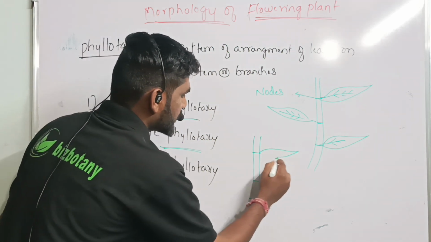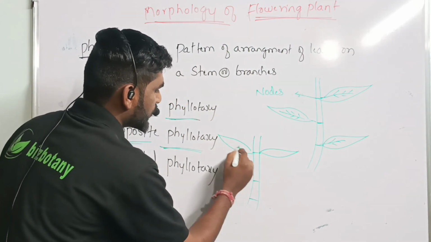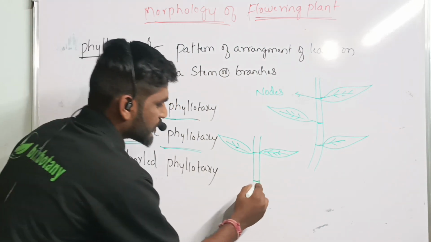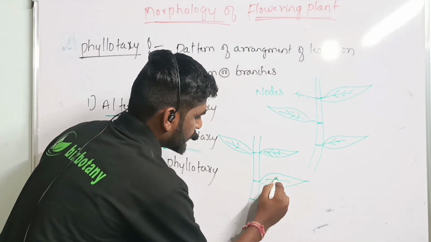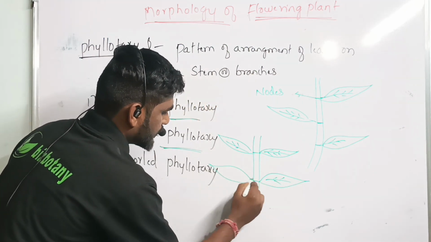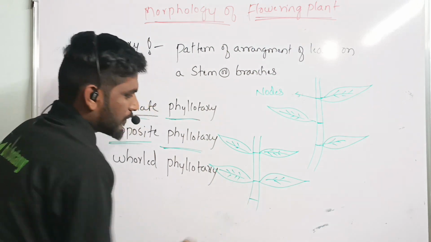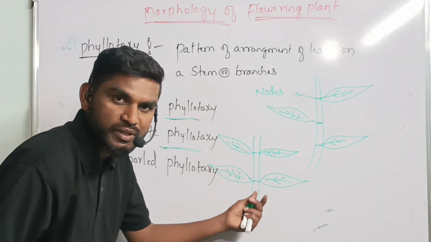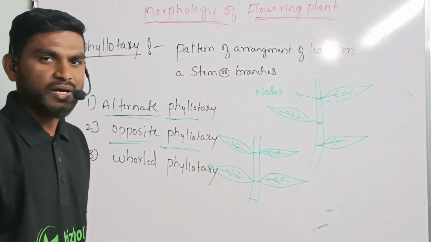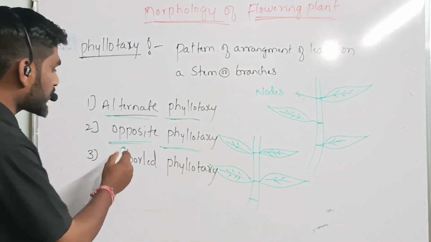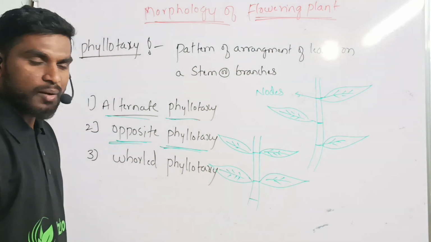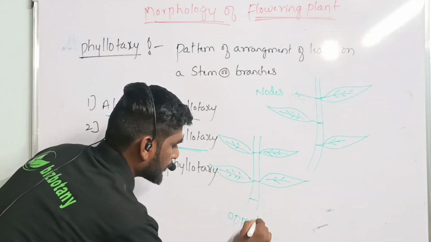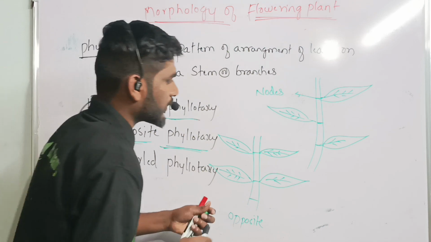If a pair of leaves are present opposite to each other on a stem at the node portion, like this, such type of arrangement of leaves we call opposite phyllotaxy. This one is opposite phyllotaxy. This one is alternate.